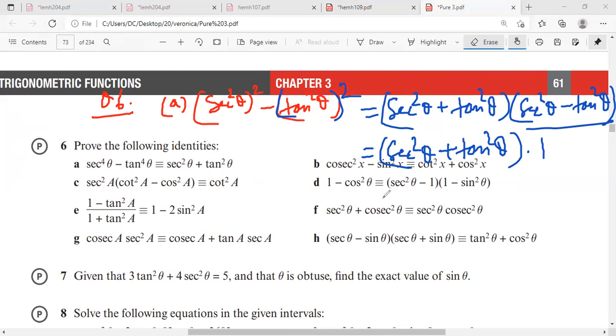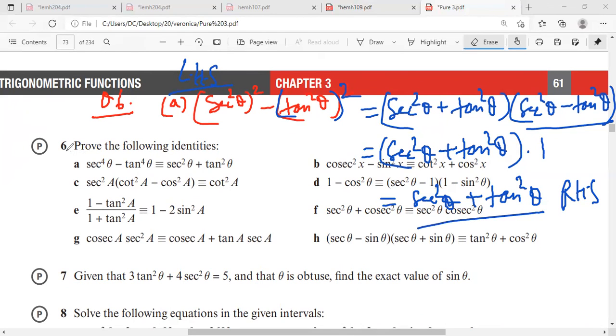And we get the answer is equal to sec square theta plus tan square theta, which is RHS. We started from LHS, left hand side, and in just one or two steps, we reach the right hand side. So it's verified. We have proved that sec to the power 4 theta minus tan to the power 4 theta is same as sec square theta plus tan square theta. Is this fine?